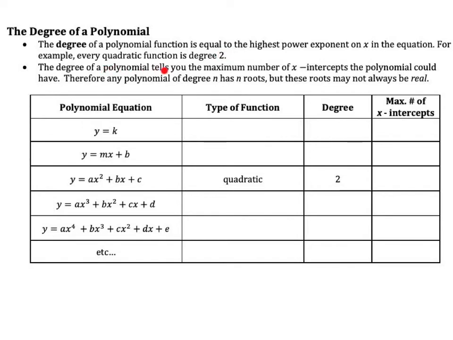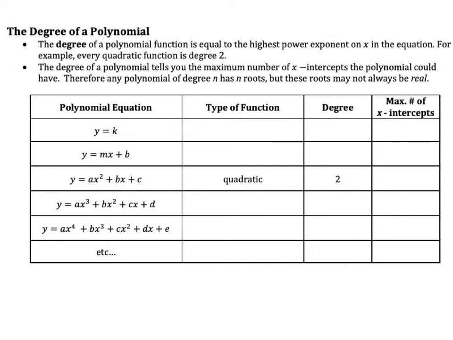The degree of a polynomial tells you the maximum number of x-intercepts the polynomial could have. Therefore, the polynomial of degree n has n roots, or n x-intercepts, and only if these roots are real, then it will have that number. Actually, that's not true. It always has that number, but sometimes they can be imaginary, and sometimes they are real, or you can call them not real and real.